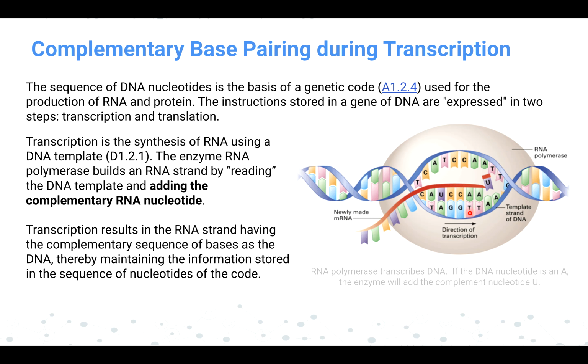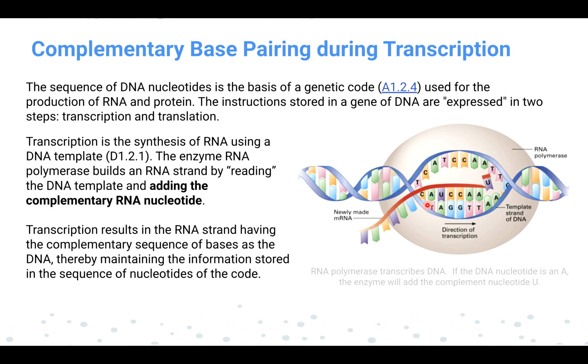The instructions stored in the gene of the DNA are expressed in two steps. First, transcription will take place, in which an mRNA copy will form, and then it undergoes translation when protein is going to form. So transcription is the synthesis of RNA using a DNA template.